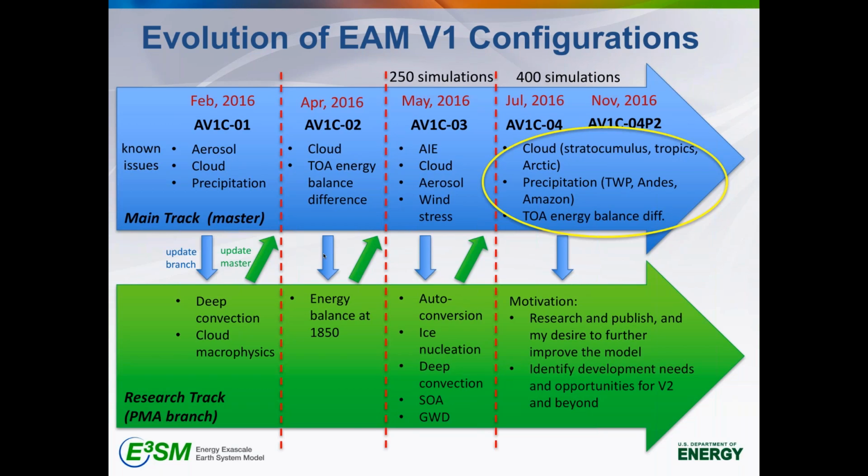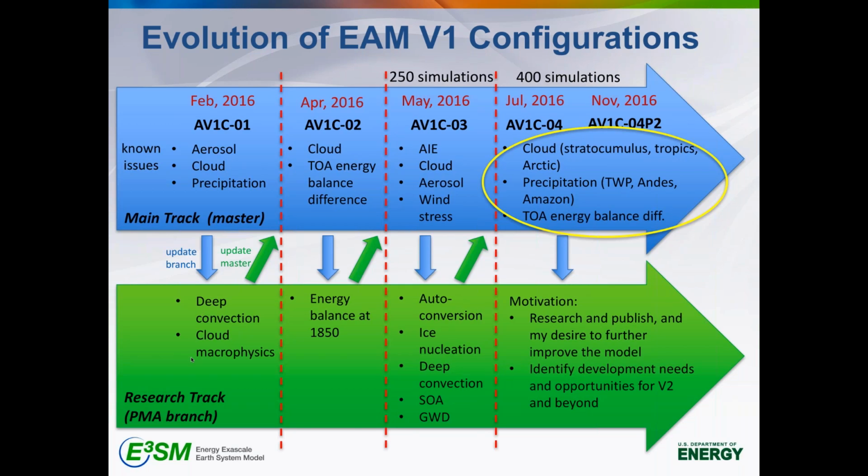But there are known issues like aerosol and cloud precipitation distributions are not ideal. So what happens is that we then go to this research track where I check out the master code and then start doing some tests and simulations and tweaking.